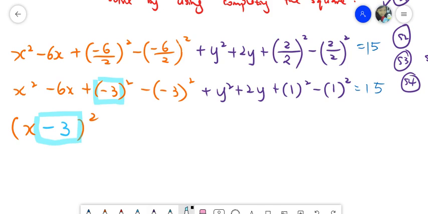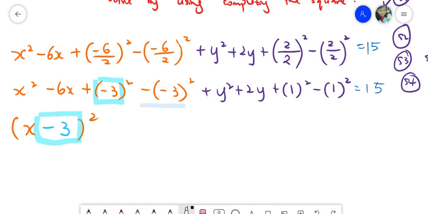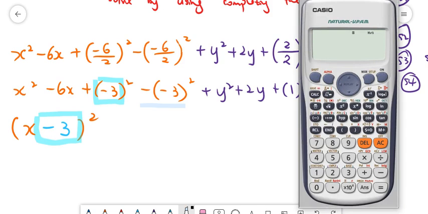Then after that, simplify that. Another careless mistake is what students get the things confused. Please remember, solve the bracket first.